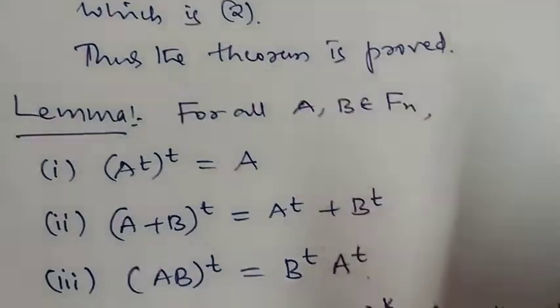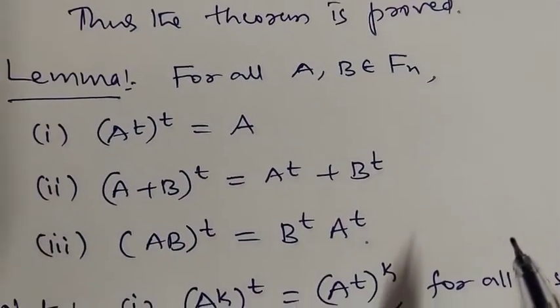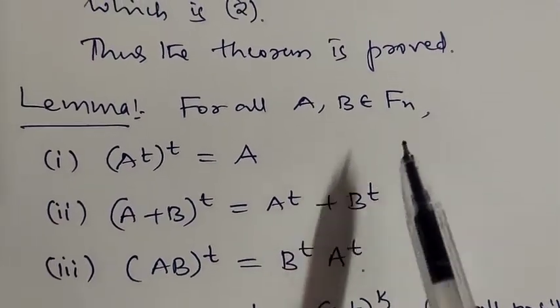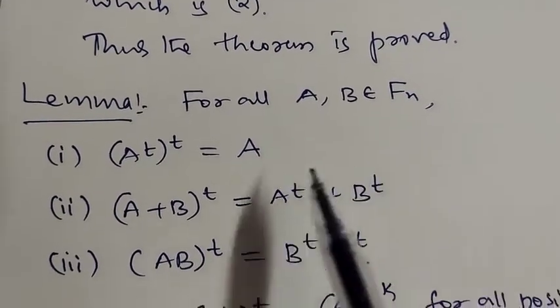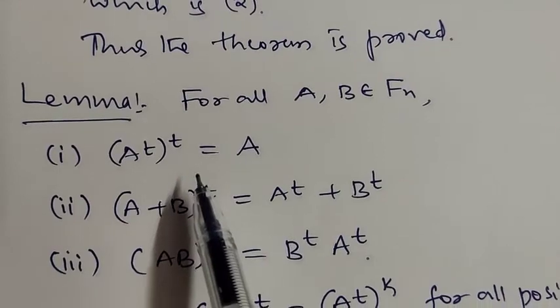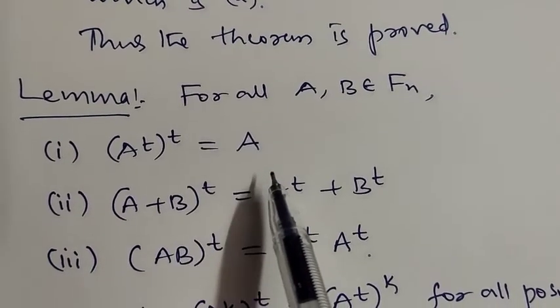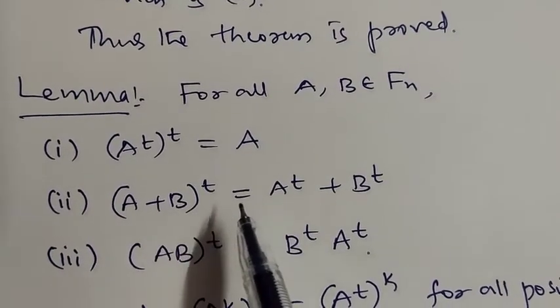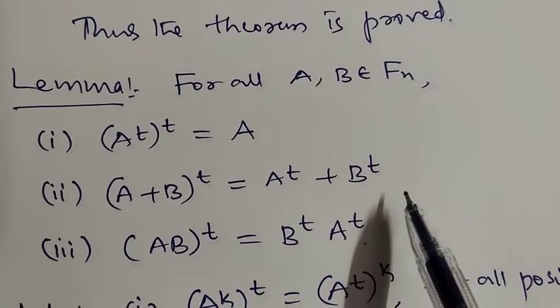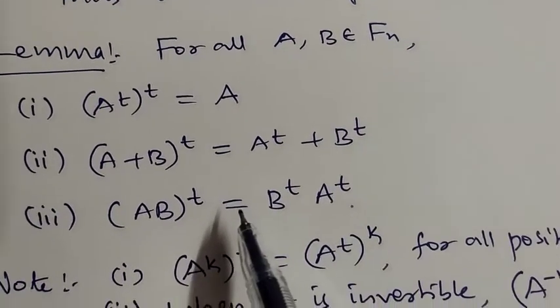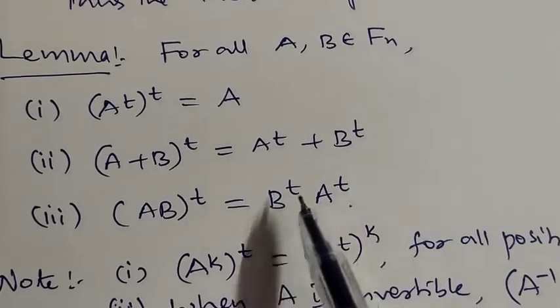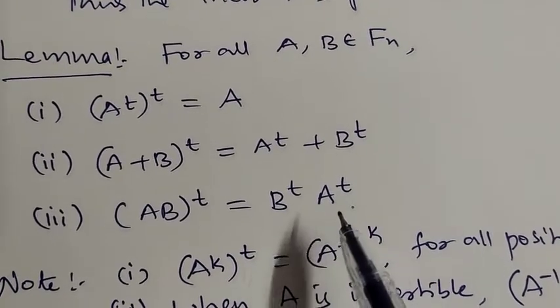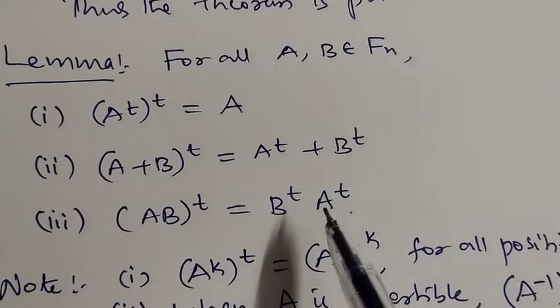Now look at this small result. For all A, B belonging to F n, the n by n matrices over F, the transpose of A transpose is A itself. A plus B whole transpose is A transpose plus B transpose, and AB whole transpose is B transpose into A transpose. These are elementary results that you have studied in your lower classes.